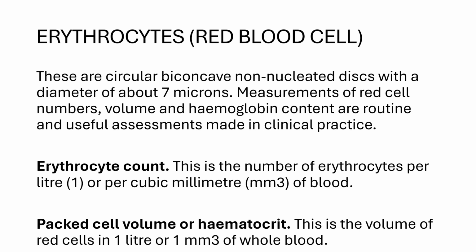The packed cell volume, or hematocrit level, is the volume of red blood cells in 1 liter of whole blood. They want to know the packed cell volume, or hematocrit, in a blood sample.